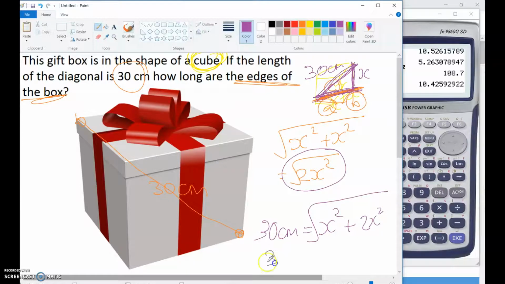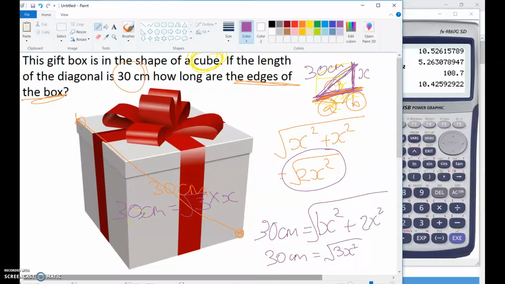So I've got 30 centimetres equals the square root of 3x squared, because it's 1x squared plus 2x squared. Now, I have got 30 centimetres equals the square root of 3, the square root of x squared is x. Right? That's times, not x.